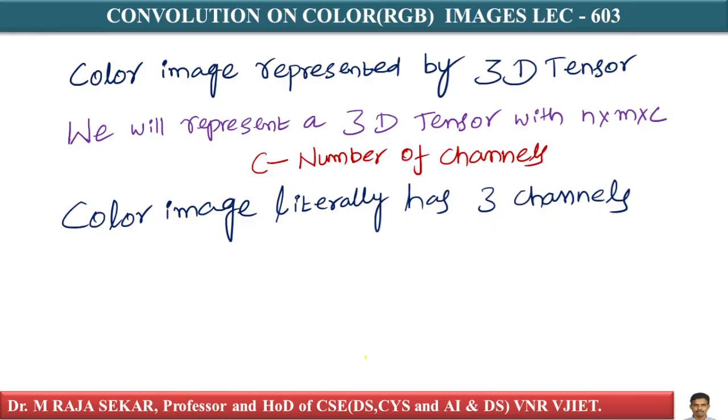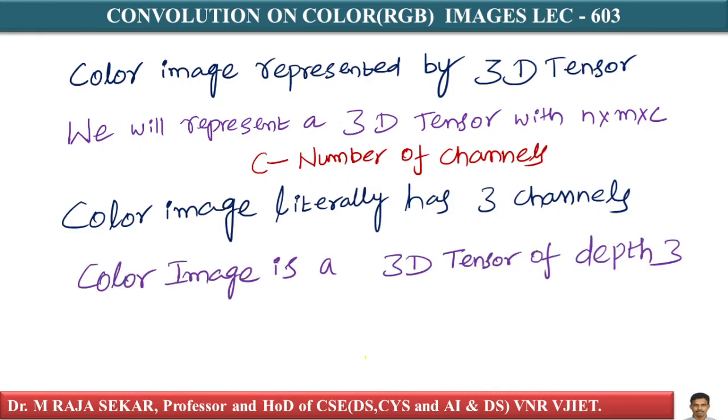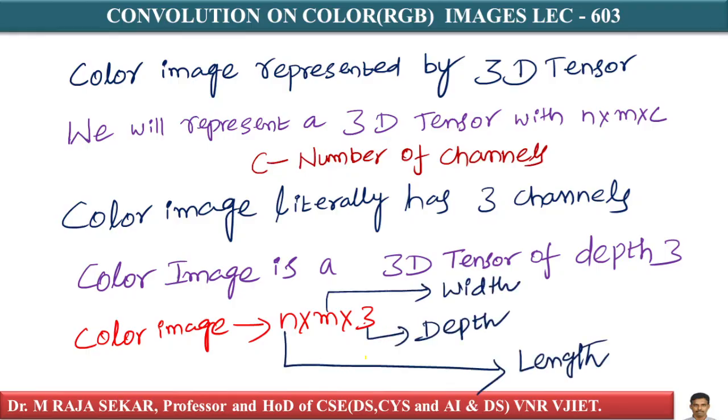It is a 3D tensor of depth 3, n into m into c, where the number of channels is 3. You can think of n as length, m as width, and 3 as depth. Depth is always 3.